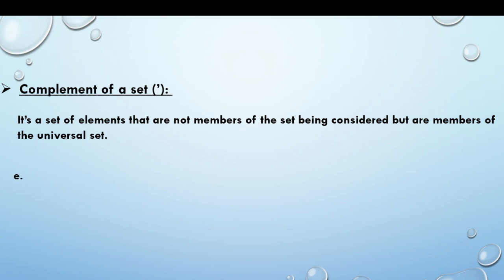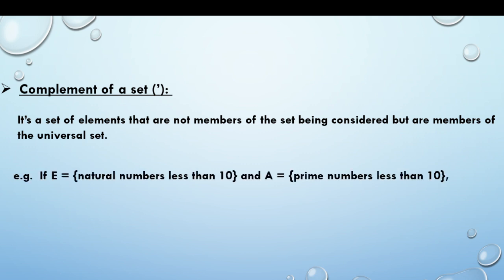So this is how we denote it, e.g., if the universal set contains natural numbers less than 10 and set A contains prime numbers less than 10, then the elements of the universal set are actually 1, 2, 3, 4, 5, 6, 7, 8, 9 as natural numbers less than 10.